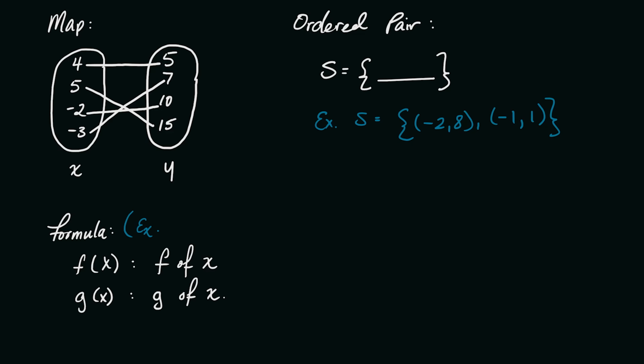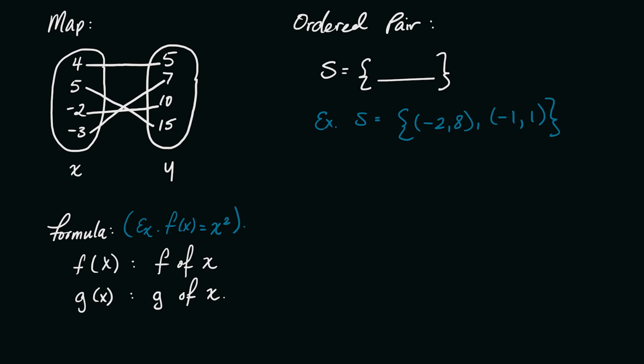Example that we can have is just f of x is equal to x squared, right? So now, if you're going to try and figure out, let's say the x value is 5, now you just need to plug in that 5 to the function.